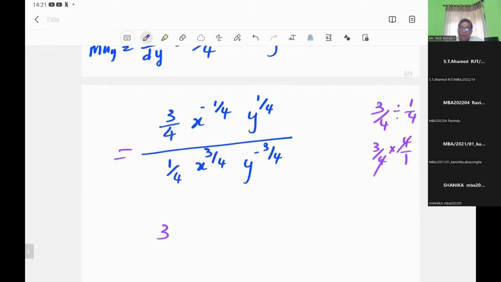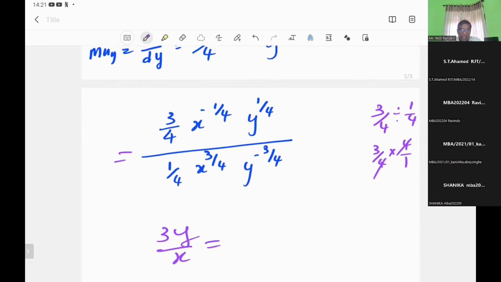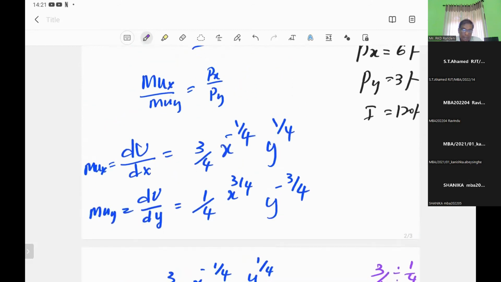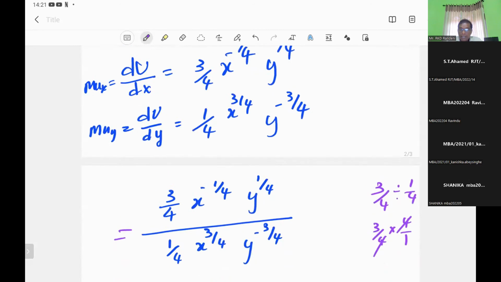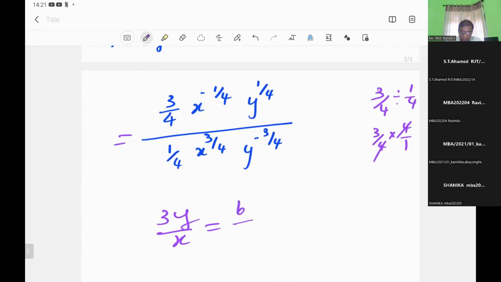Now x to the power minus 1/4 come to this side, then x. Then y to the power minus 3/4 come up, then plus, then y here, right? Then MUX, then price of x is 6. 6 divided by 3.